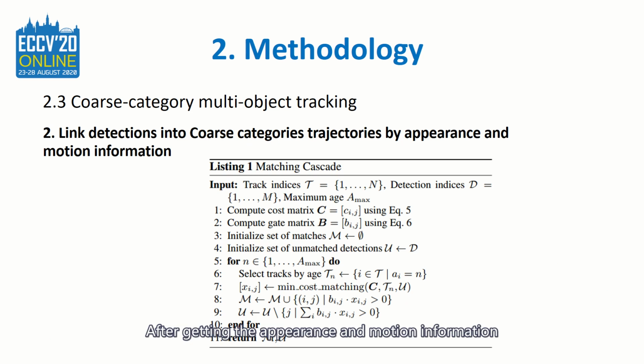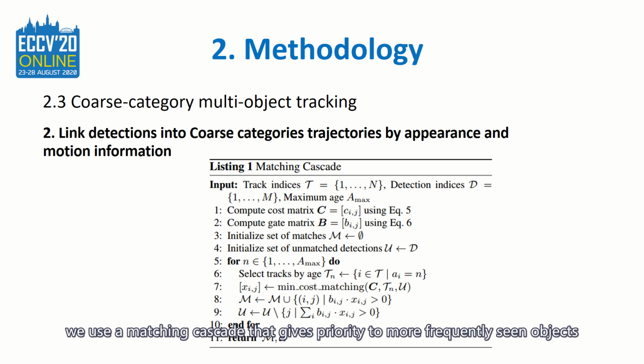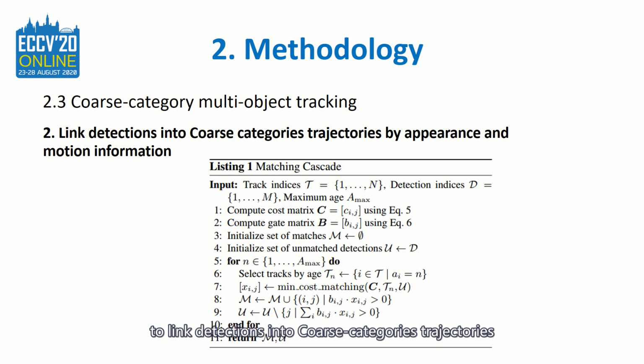After getting the appearance and motion information, we use a matching cascade that gives priority to more frequently seen objects to link detections into coarse category trajectories.